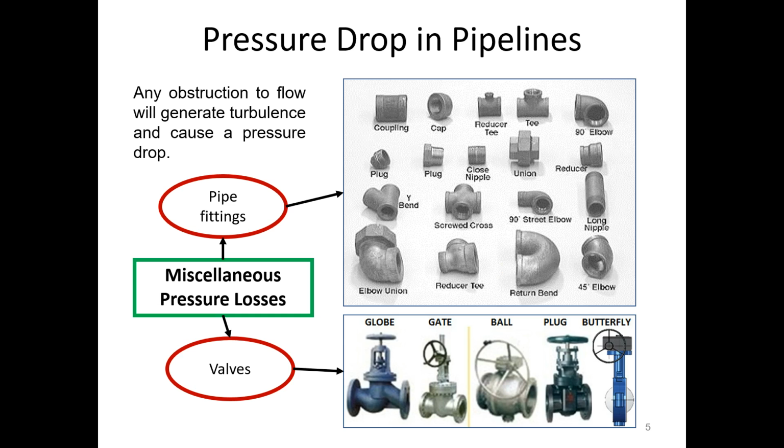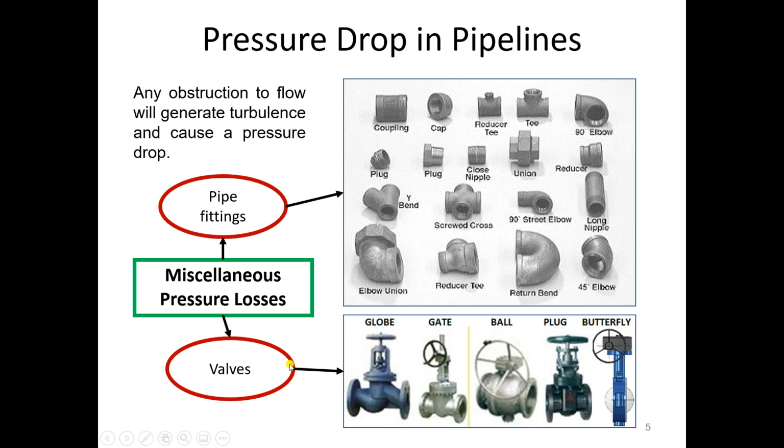Any obstruction to flow will generate turbulence and cause a pressure drop. In the picture here are examples of pipe fittings: coupling, cap, reducer, tee, plug, screw cross, street elbow, 90-degree, long nipples, return bend, reducer tee, 45-degree elbow. All of these are pipe fittings.